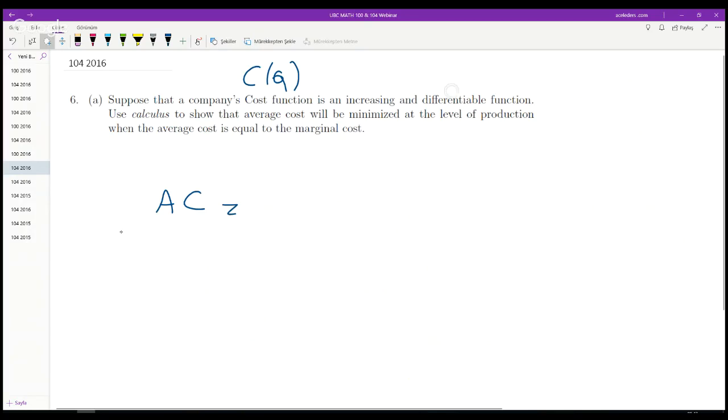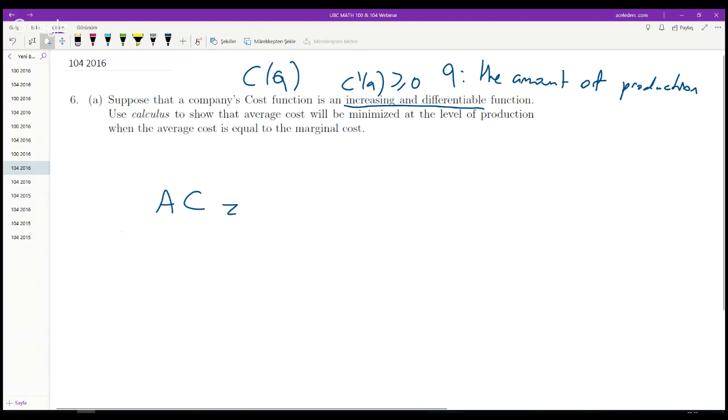Q is the amount of production. And what do we know here? We know that cost function is an increasing and differentiable function. So since it's an increasing function, it means that the first derivative is greater than or equal to 0. Okay?